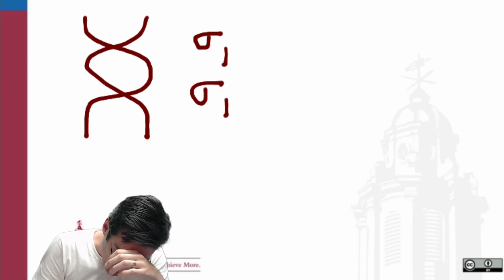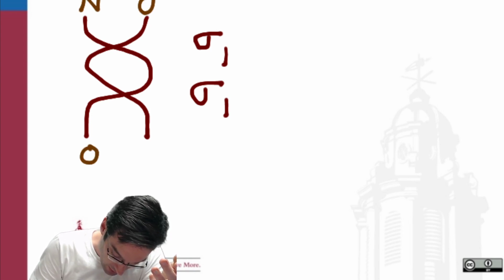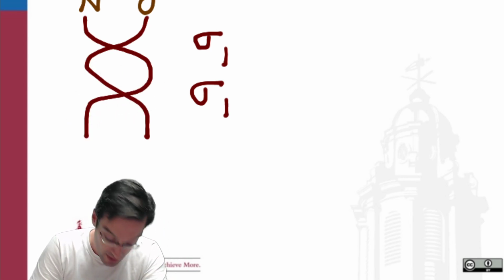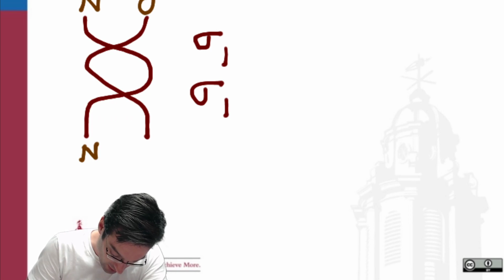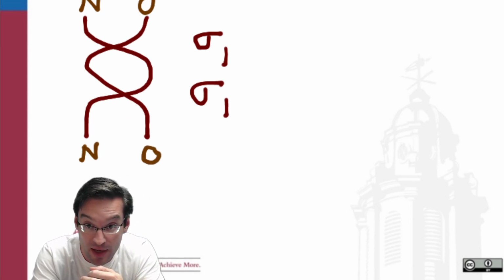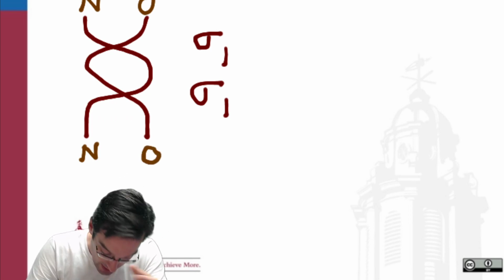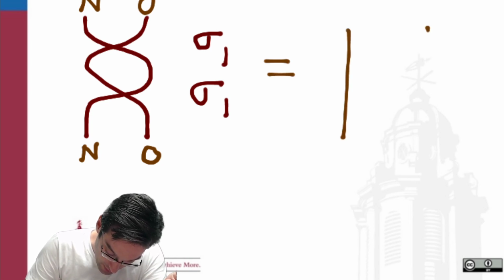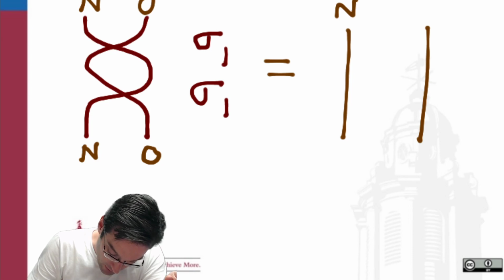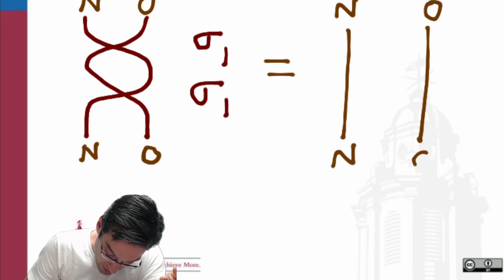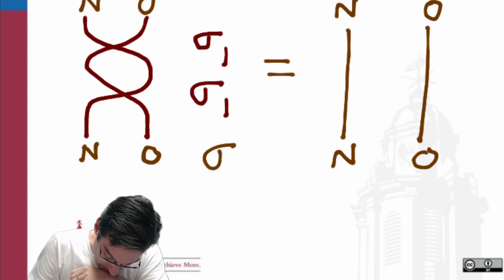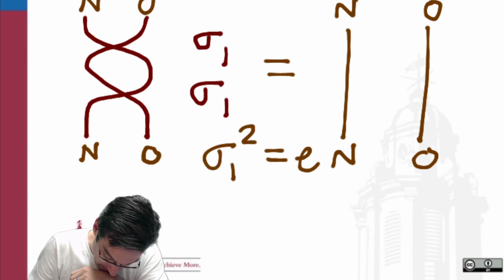So this would be like turning the word no into the word on. Or, well, doing something to the word no, but then if I trace these through, the N that started in the first position ends up in the first position. The O that started in the second position still ends up in the second position. And so at the end of the day, this Braid-a-Gram is the same Braid-a-Gram as if we had done no transpositions at all, right? And so sigma 1 squared is equal to the identity.